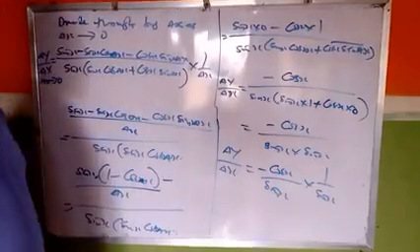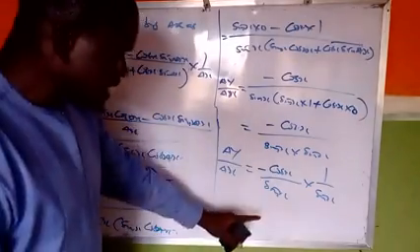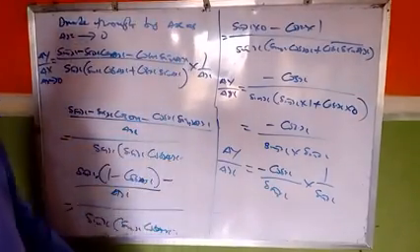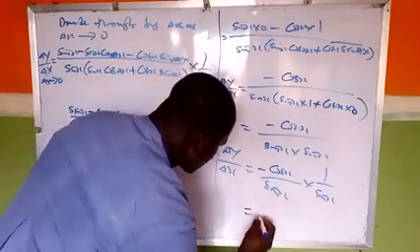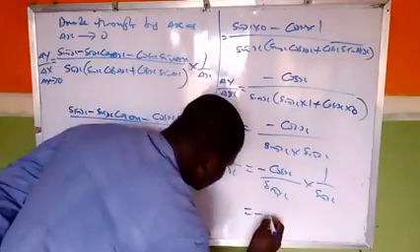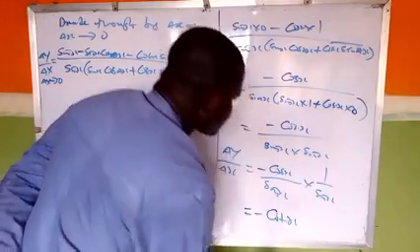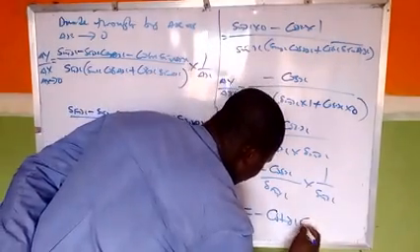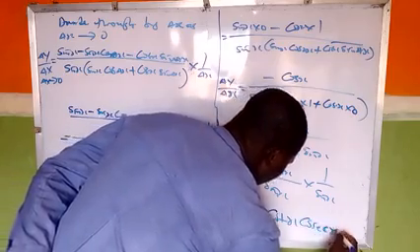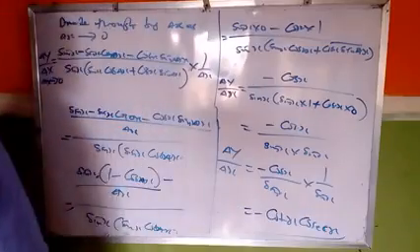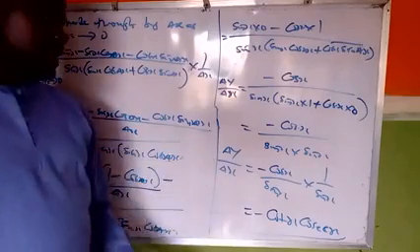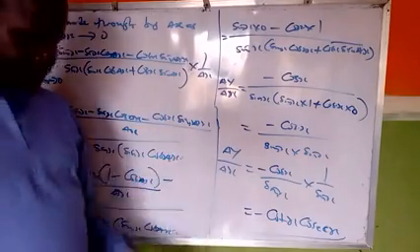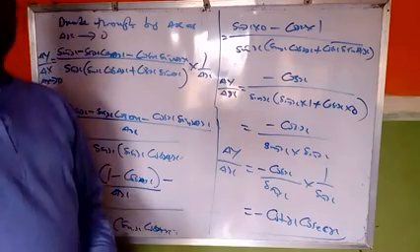So cos x divided by sine x, from the trigonometric identity, you will have minus cos x, and then 1 over sine x is cosec x. So that is the derivative of cosec x using first principle. That is the answer.